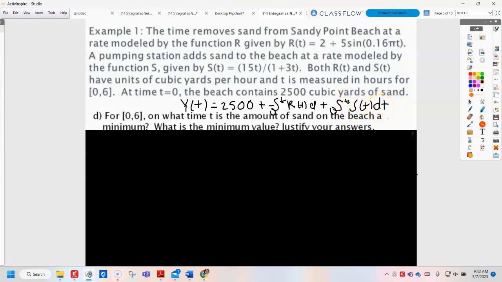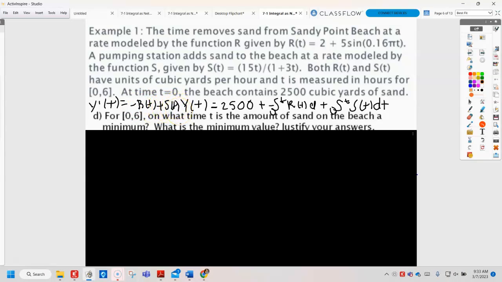if I want it to be minimized, you derive. So the derivative of that would be y prime of t. So the derivative of 2500 is 0, gone. The derivative of the integral of r of t is negative r of t. And then the derivative of the integral of s of t would be positive s of t.